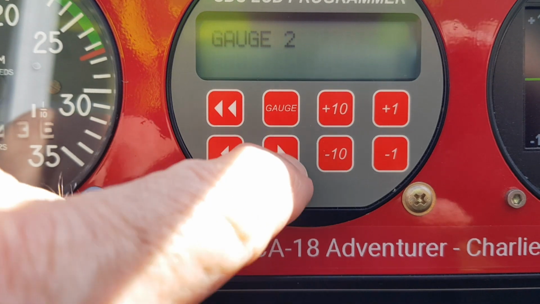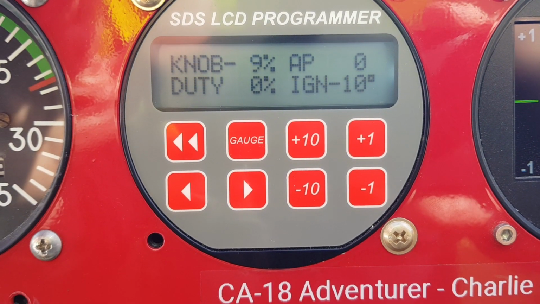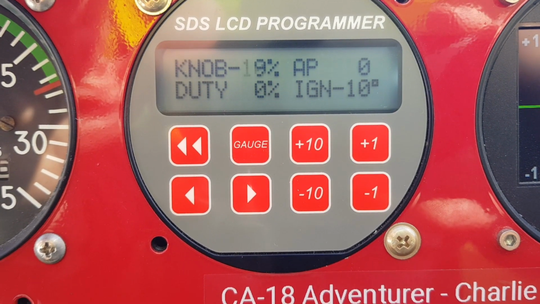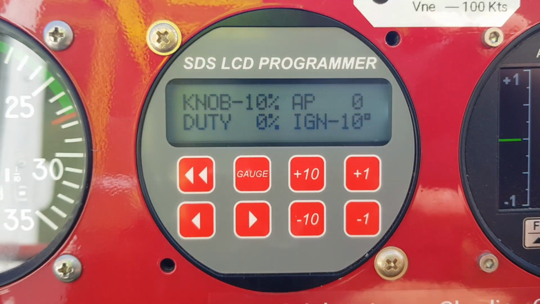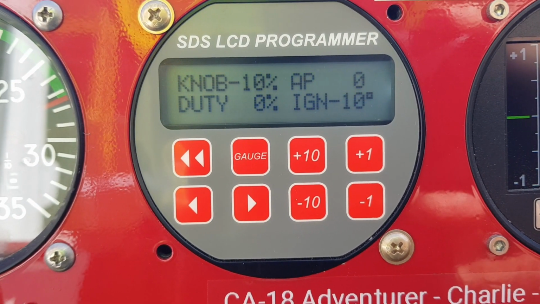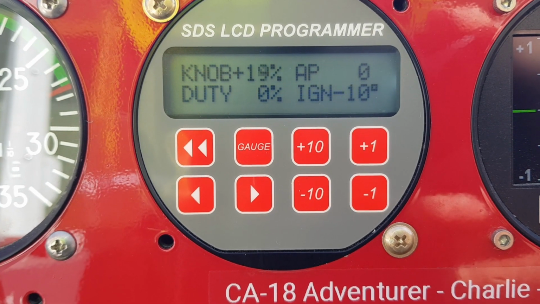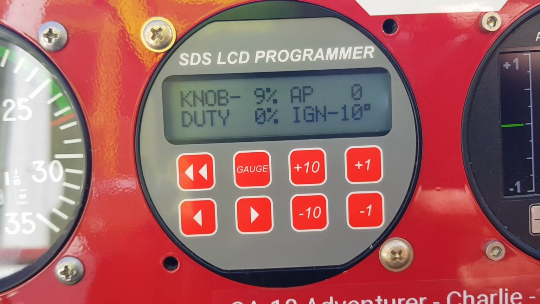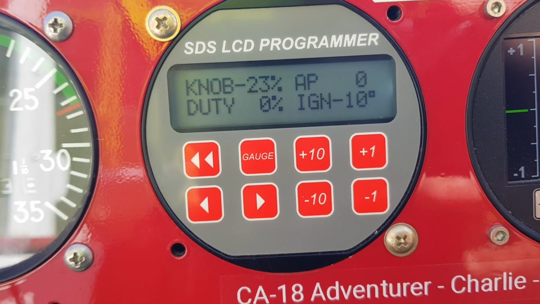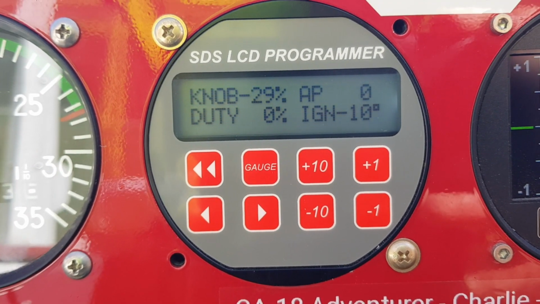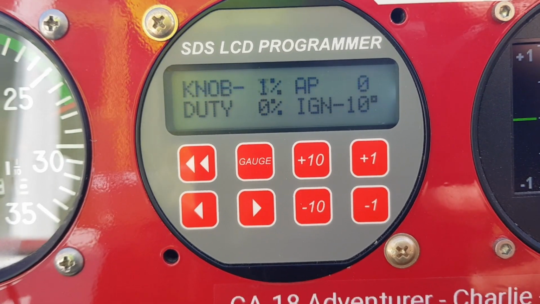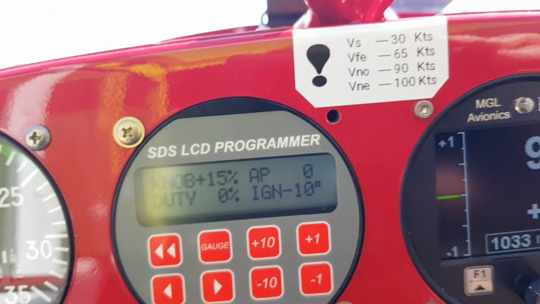Or if you want to look at gauge 2, which tells us the state of the knob, which is currently at 10%. If I rotate this knob, which is the air-fuel ratio, you'll see the values change. If I come over to the lean side, they turn into negative numbers. So negative numbers means a leaning state, and a positive number means an enrichment state.